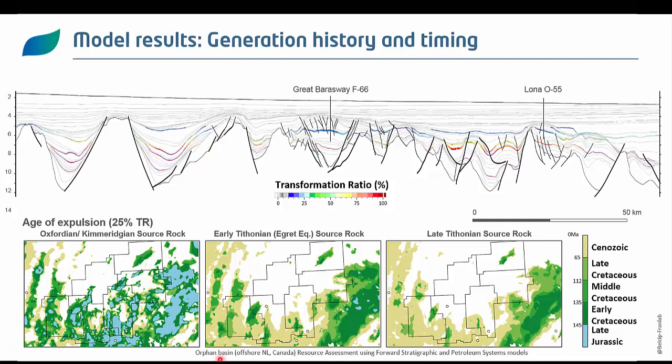You can notice that there are large-scale trends from east to west, which is quite good news because it means that throughout the AOI we have different timing and different scenarios for oil and gas expulsion. So for Kimmeridgian, expulsion starts more in the Jurassic on that side, passing to early Cretaceous. Here it's more early Cretaceous to late Cretaceous, and so on.